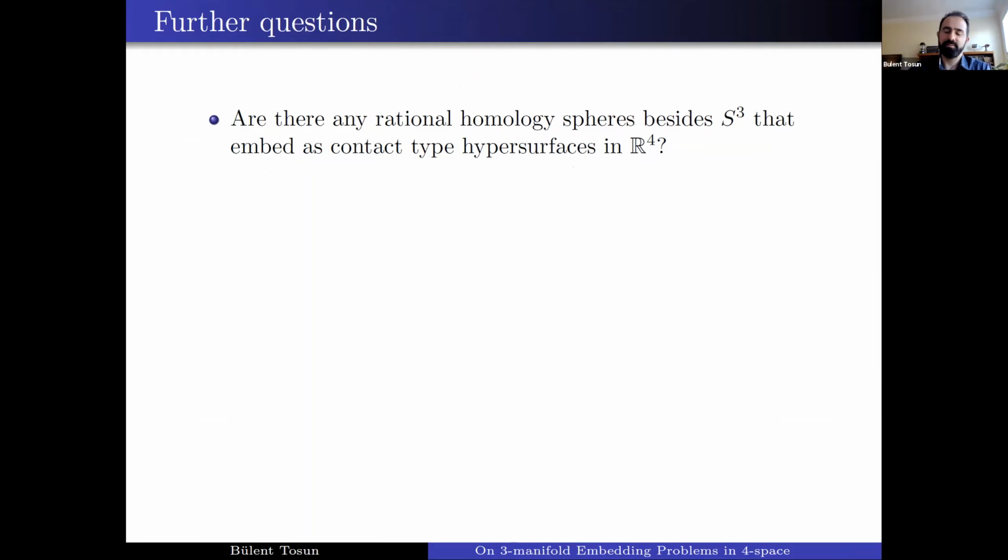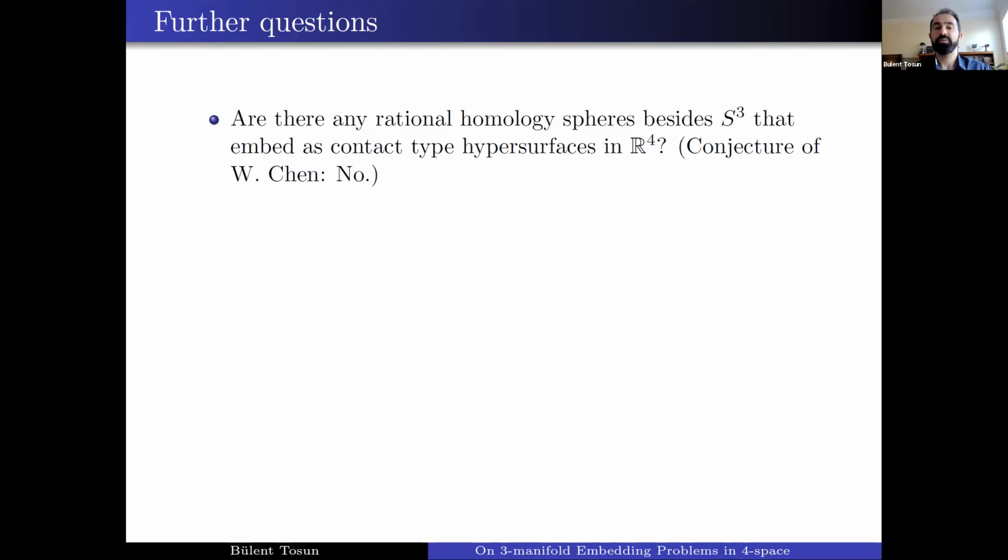And the so-called W_n I mentioned, that infinite family of contractible manifolds, their boundaries are all hyperbolic, and they also can never embed as a contact type hypersurface. And indeed, we don't know any example of a rational homology sphere besides S^3 that embeds in R^4 as a contact type hypersurface. And just a question, do they exist?